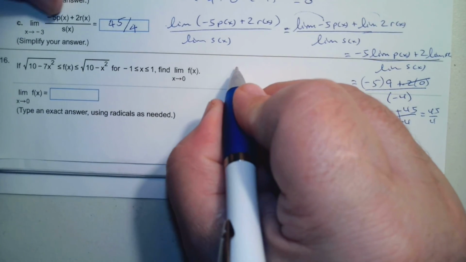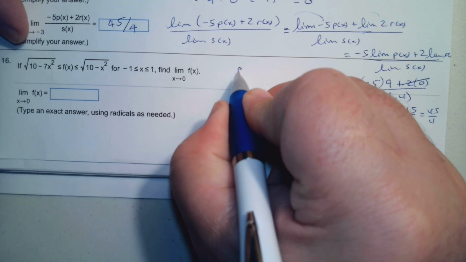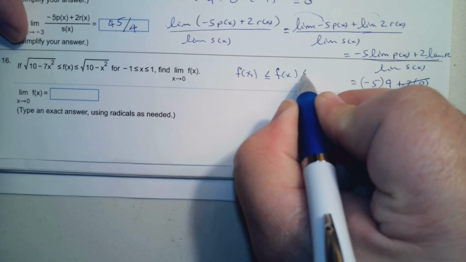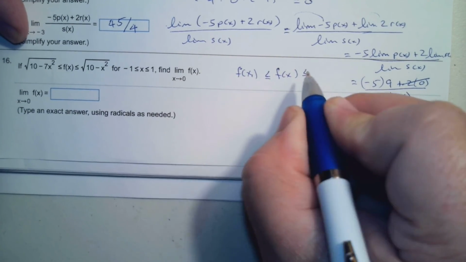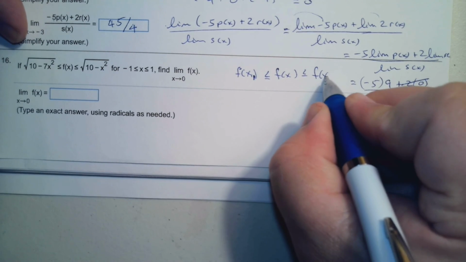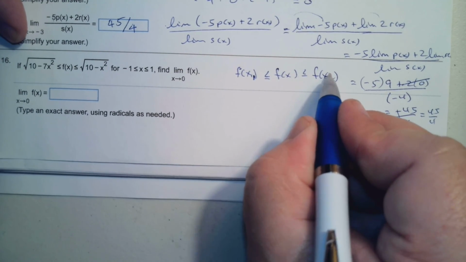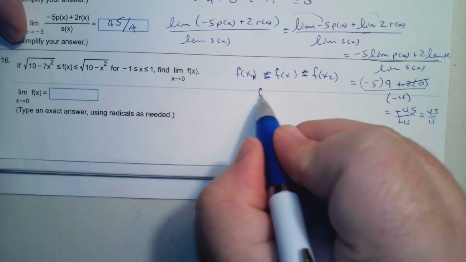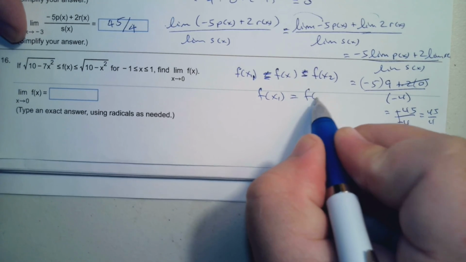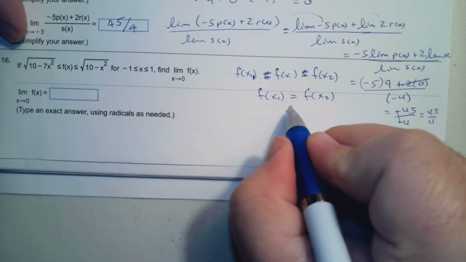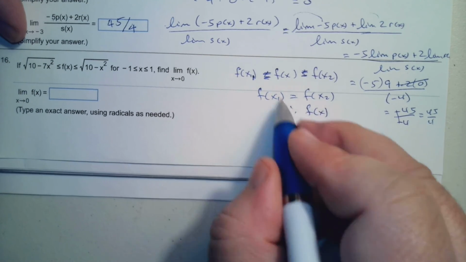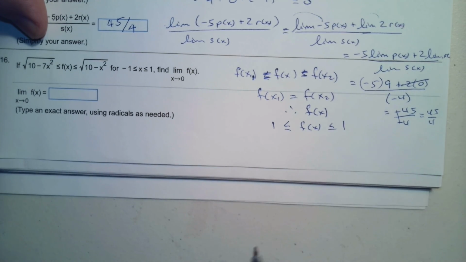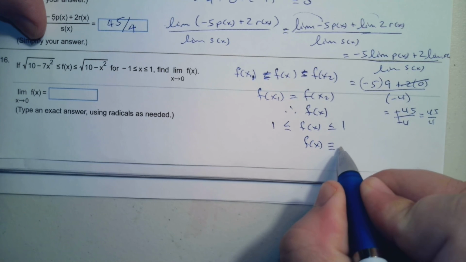The squeeze theorem says if you have a function that's greater than or equal to one function, that's the first one, and less than or equal to the second one, and if the ends are equal, the same values, then that means the middle term has to be the same. So if this is 1 and that's 1, then f of x has to be 1.